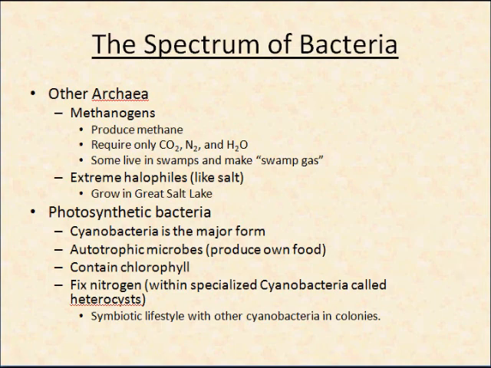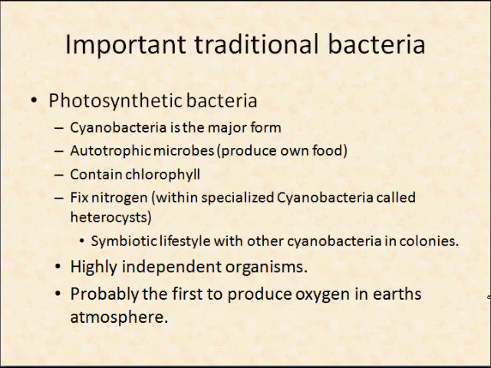Cyanobacteria, and we may have mentioned before, were largely responsible for introducing an oxygen atmosphere to this planet. So, photosynthetic bacteria, that's the cyanobacteria. It's a major form, autotrophic, contains chlorophyll, fixes nitrogen, symbiotic lifestyle with other cyanobacteria, highly independent organisms.